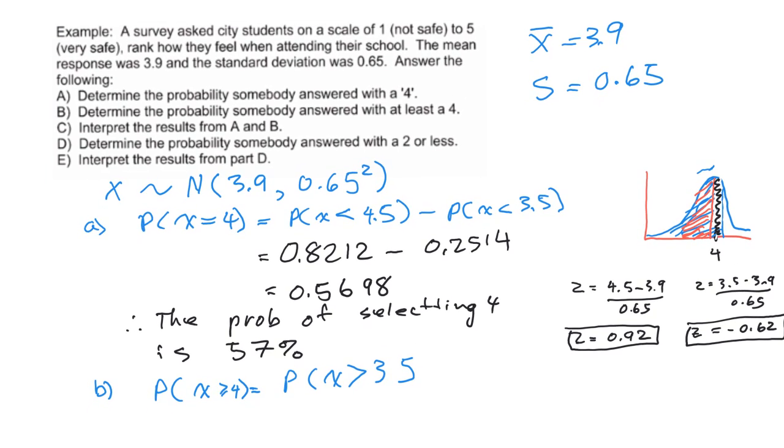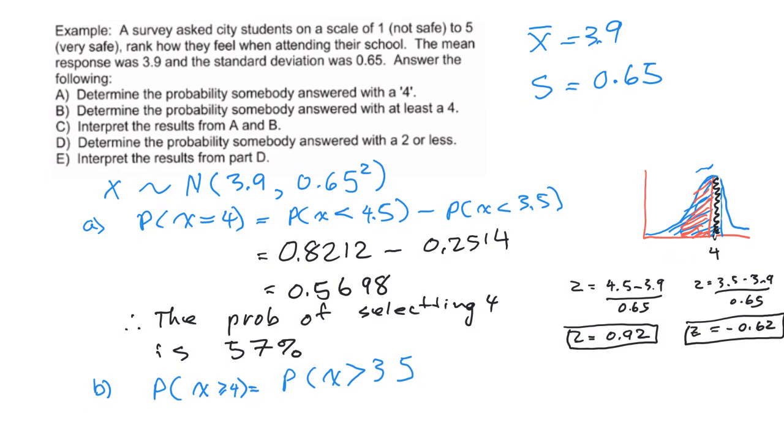All right. Now, since we're looking for X being greater than 3.5, we need to calculate a Z-score.